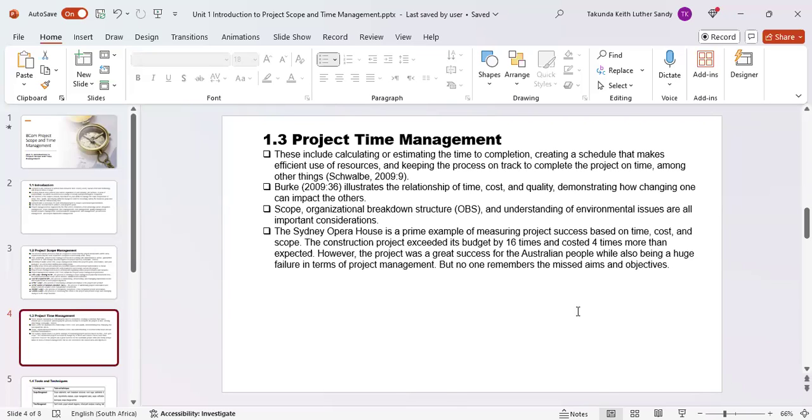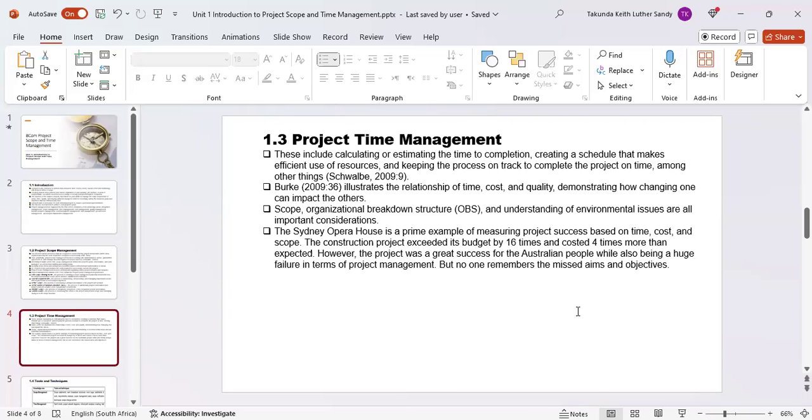And lastly, it took much more time than was scheduled for that project. So from a project management perspective, that project was a failure. But from a social perspective, it was something to behold. It was something good that the people enjoyed. So that's what happens there.